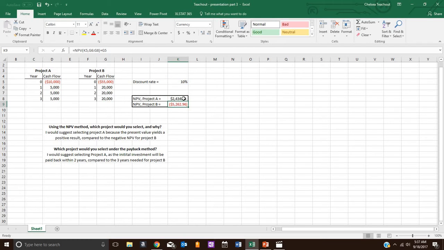We found that the net present value for Project A was $2,434.26. Net present value for Project B came out to a negative $5,262.96. So using the net present value between Project A and Project B, Project A would be selected because it yields a positive result and Project B has a negative result.